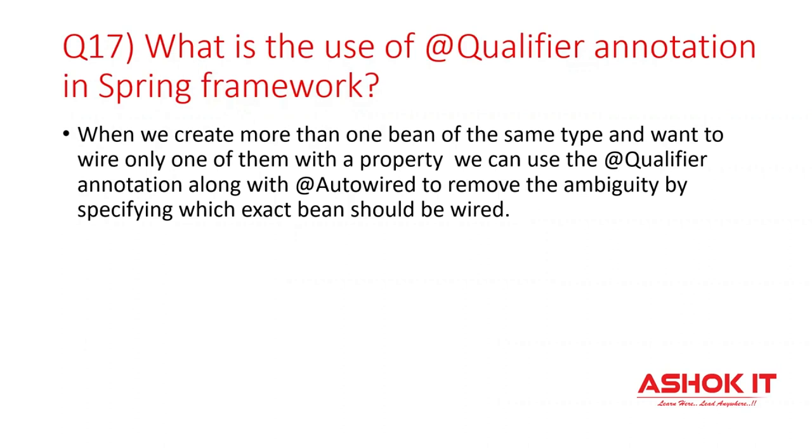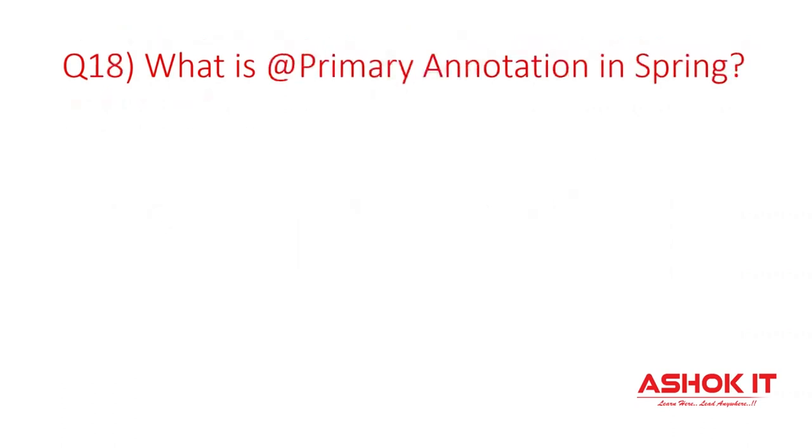Consider A and B. Class A needs a B object, but B has three implementations, B1, B2, B3. Then at the time of writing @Autowired, I can use @Qualifier B2, meaning the A object is connected to the B object which is named B2. Simply we can say it is manual selection of the child object. That handles the ambiguity by mentioning the object manually.